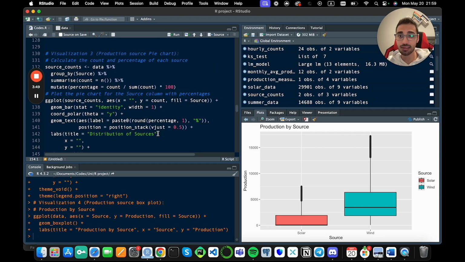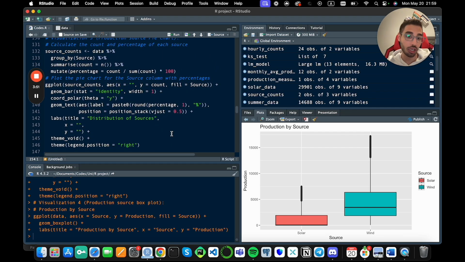And if we hadn't visualized the last pie chart, I would say, okay, maybe we have bias in our data. But we know that 50% of our data is records about wind and 50% about solar. So from this box plot we can conclude that we can produce more wind energy.